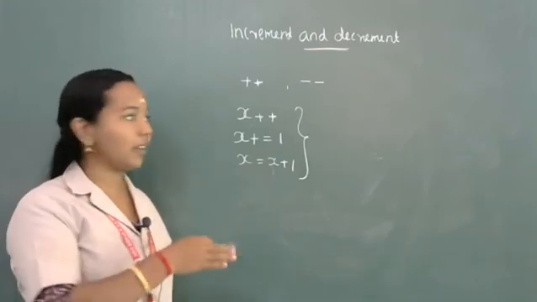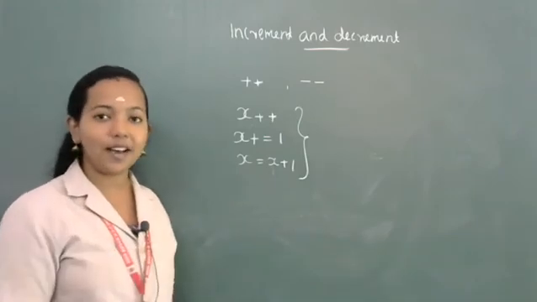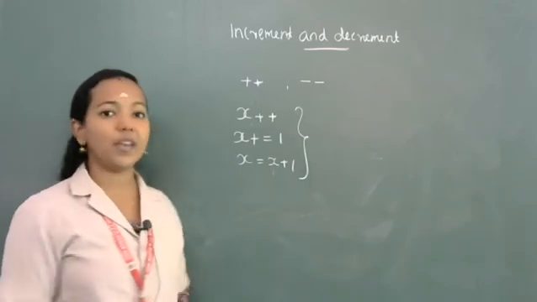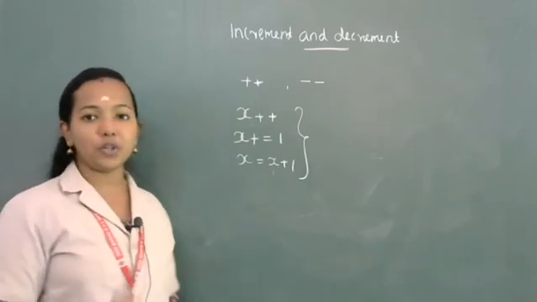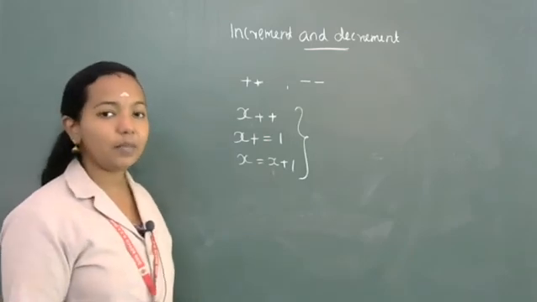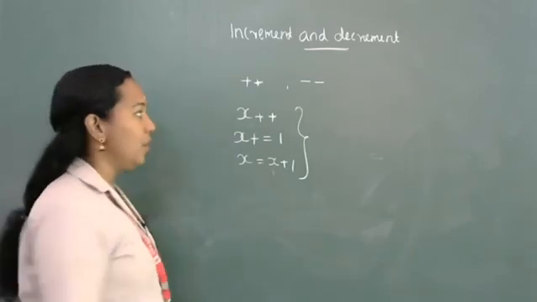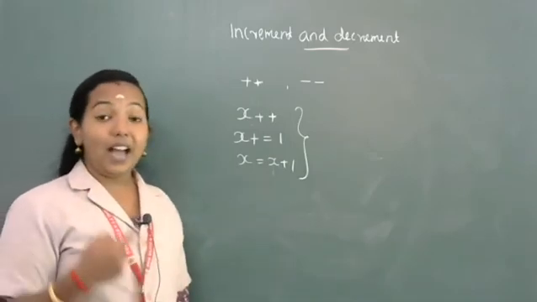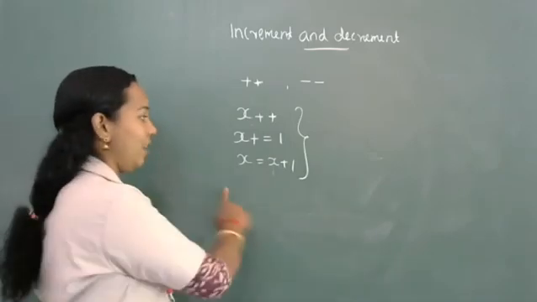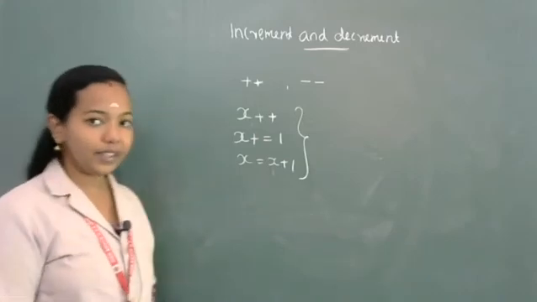The working of all these three expressions is the same, because using all of them we are incrementing the value of x by 1. Decrement is also like this. We are decrementing a variable by 1. So we can use the increment method, the arithmetic assignment method and the normal method. Clear?